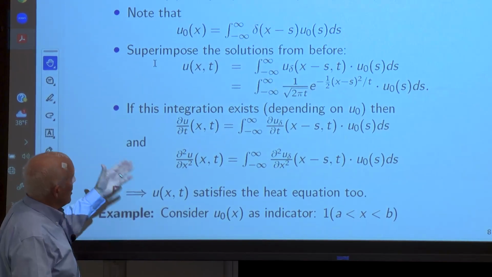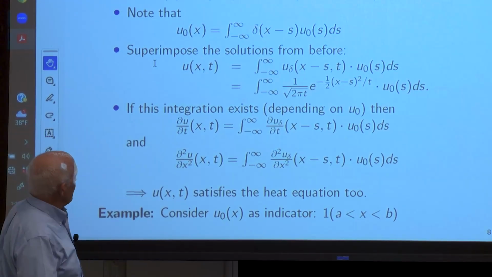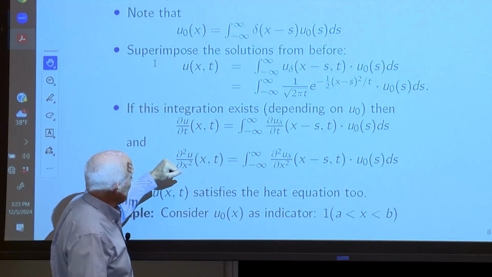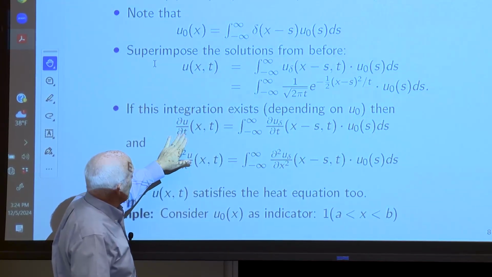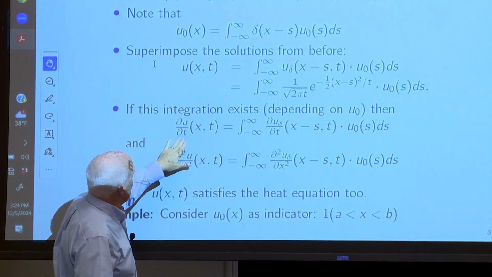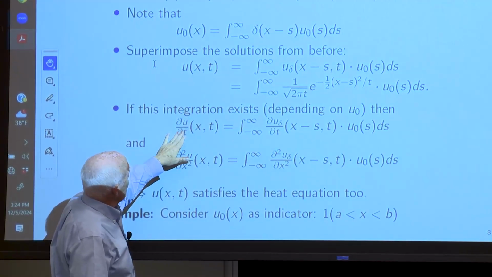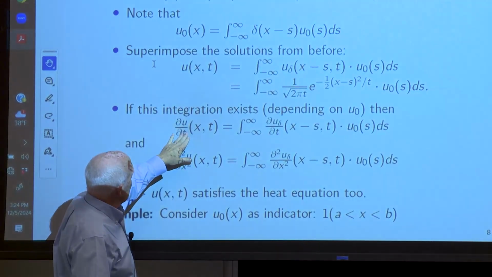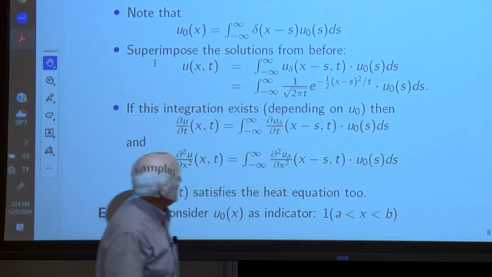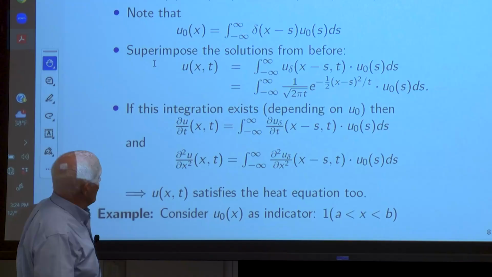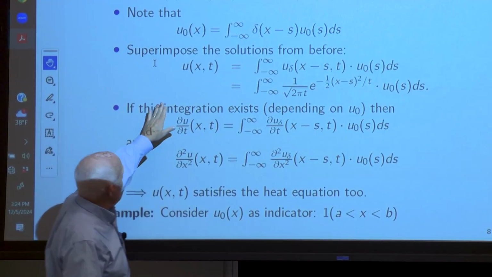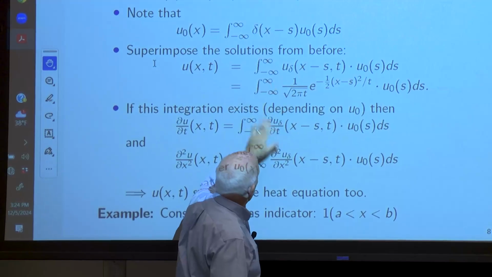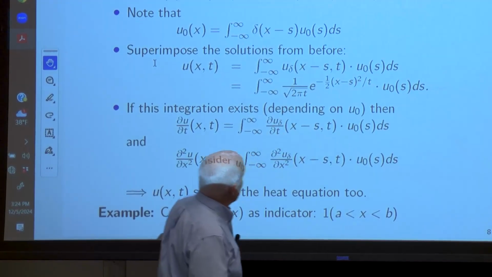In order for this to work, we need the integrals to exist. If the integrals exist and we can take partial derivatives inside the integral sign, then the partial of u with respect to t is the integral of the partial of u delta with respect to t.